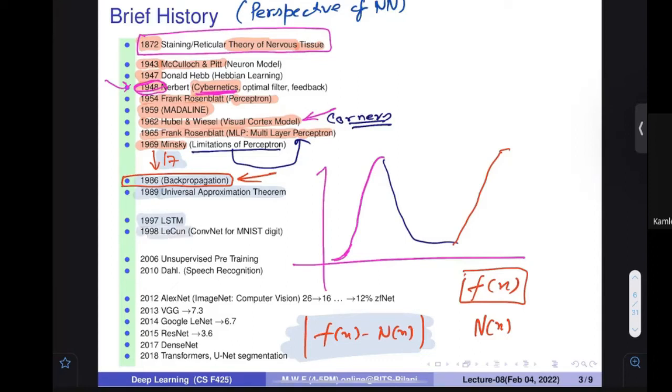In 1998, Yann LeCun proposed convolutional neural networks on the MNIST database. Let me also tell you how difficult this time was. Have you heard about Windows 97?